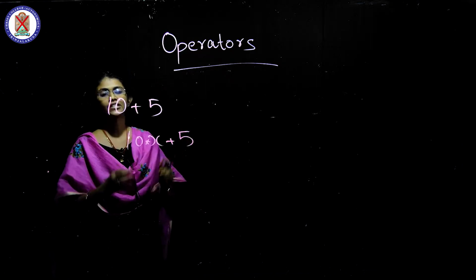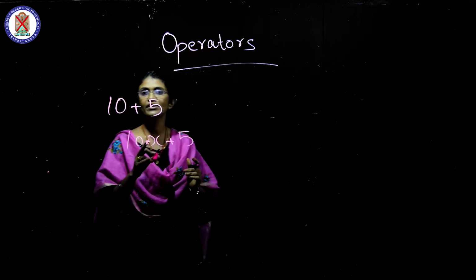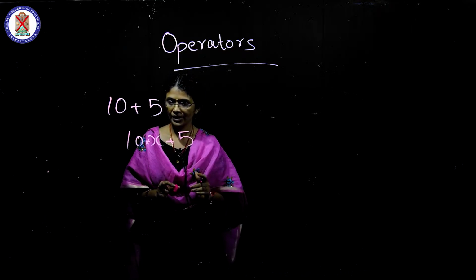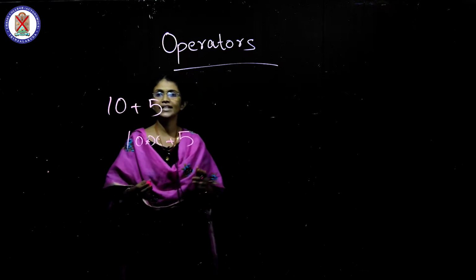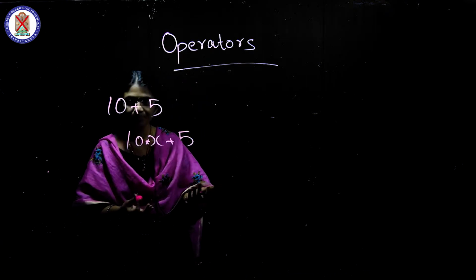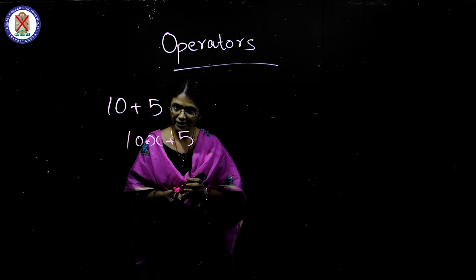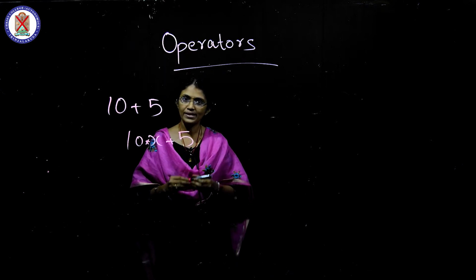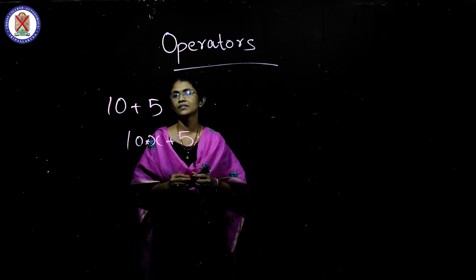This is also an expression, and in this there is a variable x. In an expression, we call 10 and 5 operands. Operands are values or variables on which the operations are performed.